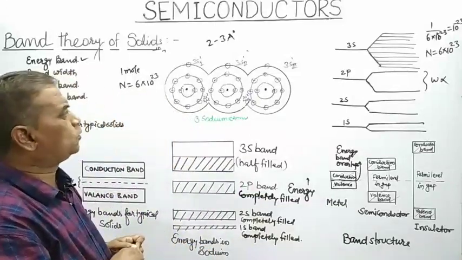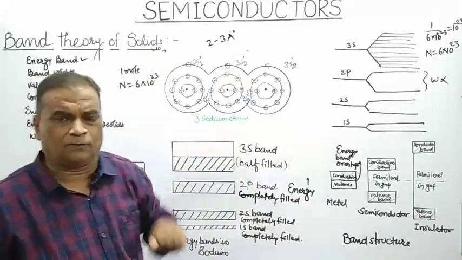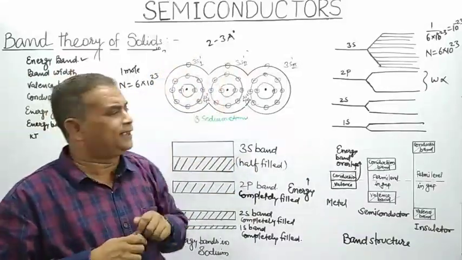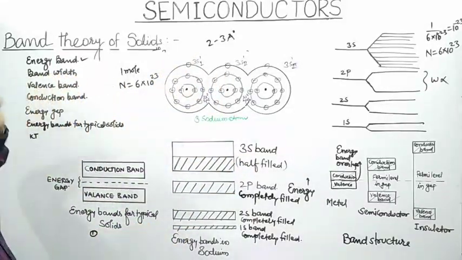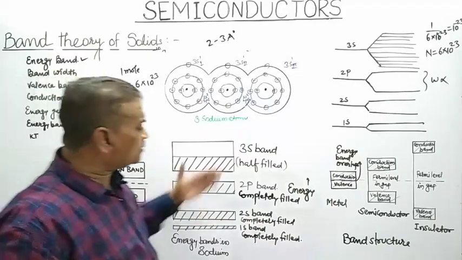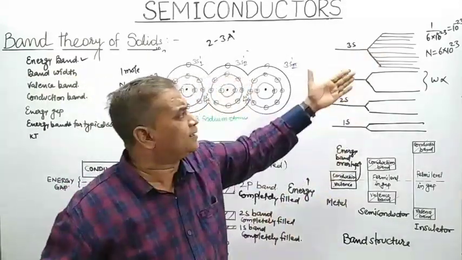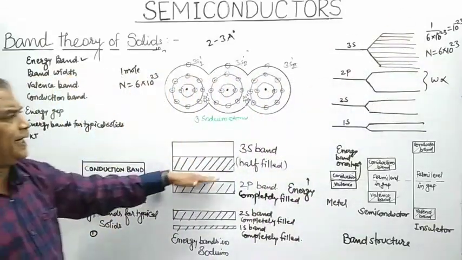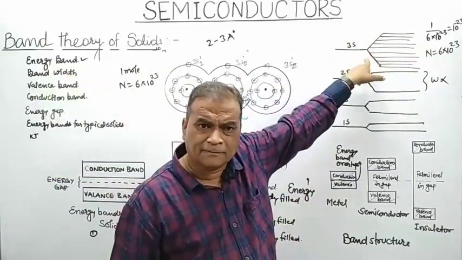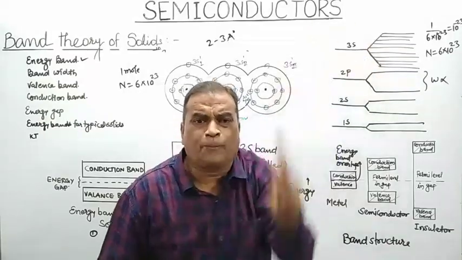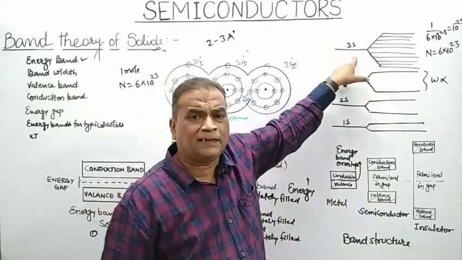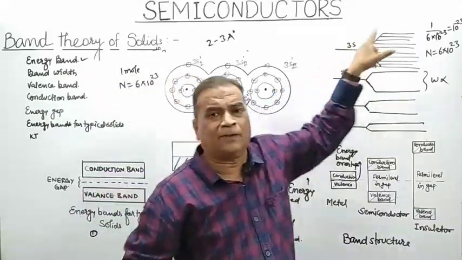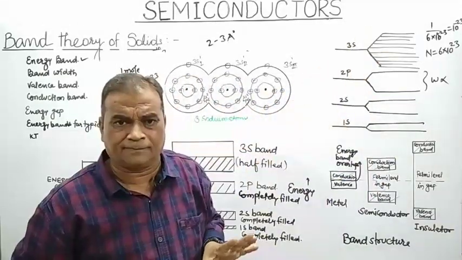Now, because we are concentrating only on sodium, what is the topmost occupied energy level in the case of sodium? It is the 3s level. The topmost occupied energy level is called the valence level.